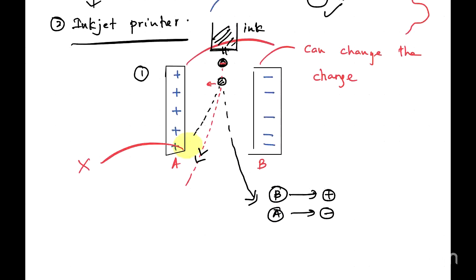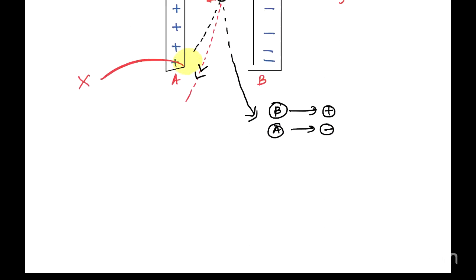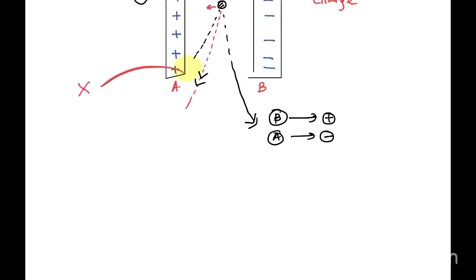And the next one is the problems related to static electricity. You need to know how static electricity is generated, right? Remember, the problem arises if static electricity is being made.